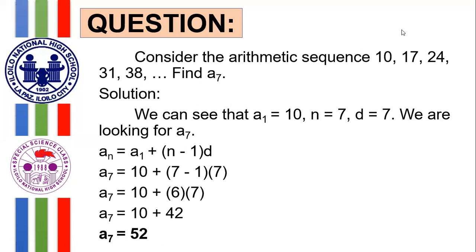So if you could see from here, whether we used the recursive or the explicit form, we still got the correct value of the 7th term, which is 52. I hope you got it. And let's have some more exercises.